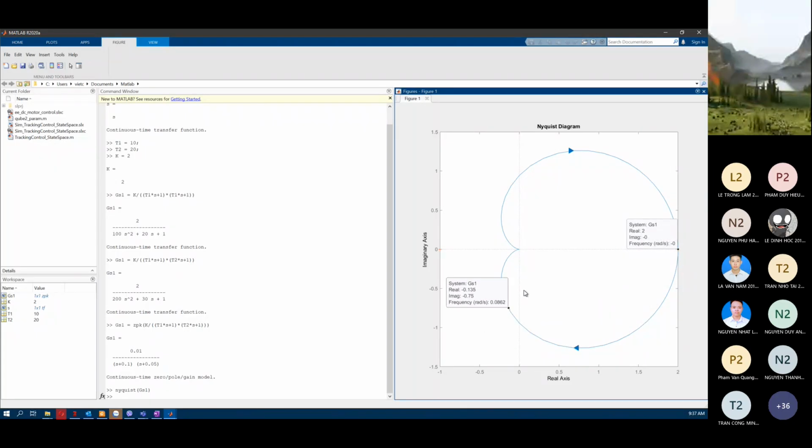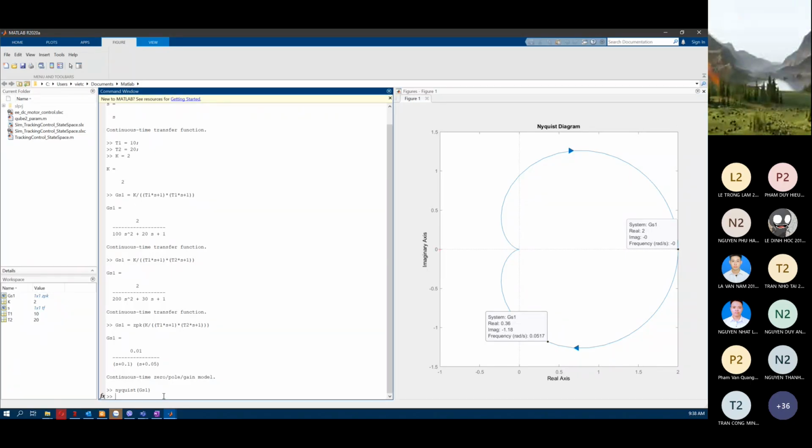Here, when the system goes this way, we see that the whole Nyquist diagram does not encircle the point minus 1 here.